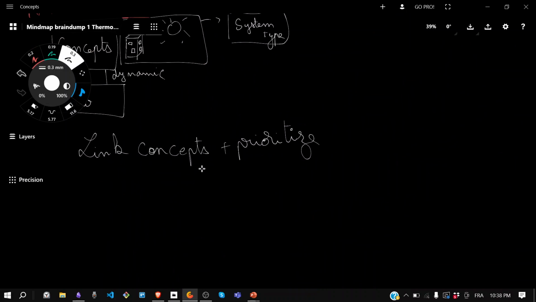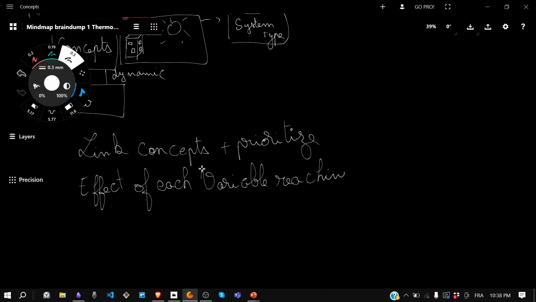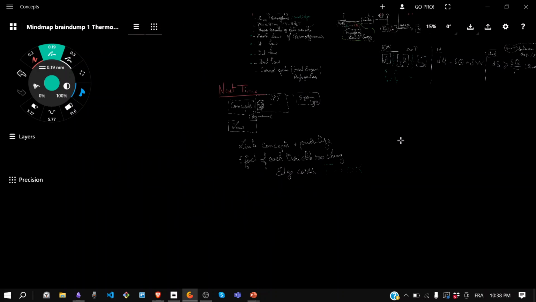So I want to look at the effects of each variable reaching edge cases. The most common one would be for temperature to almost reach 0 Kelvin. So we'll look at these.